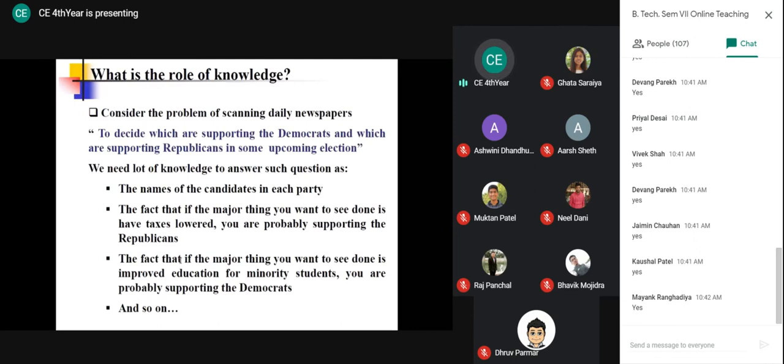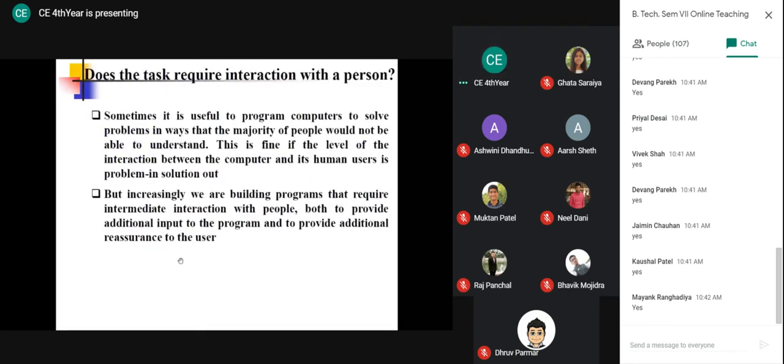Now the last characteristic, the seventh characteristic: does the task require interaction with a person? Sometimes it is useful to program a computer to solve a problem in a way that the majority of people would not be able to understand. But this is fine if the level of interaction between the computer and its human user is problem in, solution out.